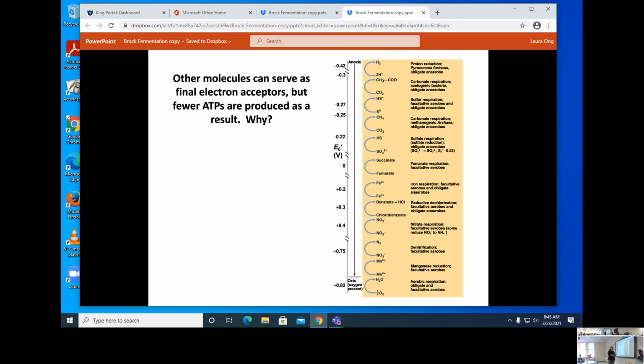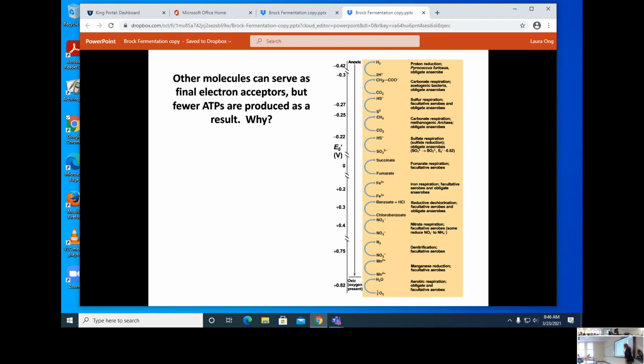So down here at the bottom, we've got the oxygen-water redox couple. And this is the one that would be happening in aerobic respiration, which they say here. Oxygen picks up electrons, gets reduced to water. Water is the waste product. So if oxygen is your final electron acceptor, you need a lot of oxygen to pick up those electrons.